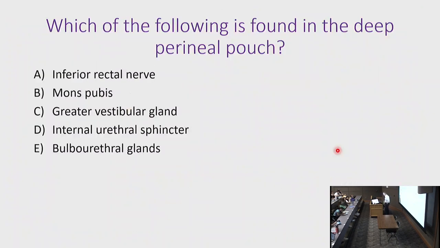Okay. So we talked about the anal canal, but we haven't quite hit on the urogenital triangle, which has superficial and deep perineal pouches. So kind of getting ready for that, which of the following is found in the deep perineal pouch?